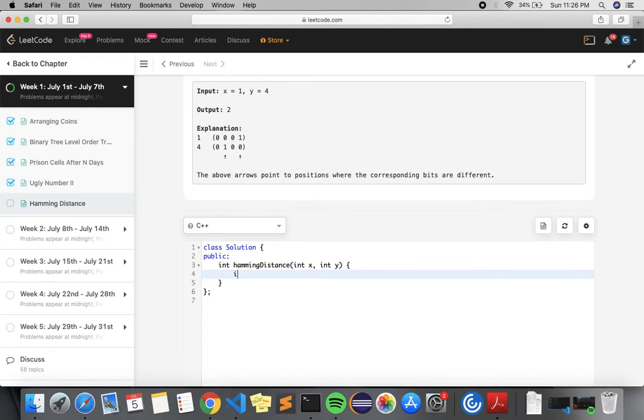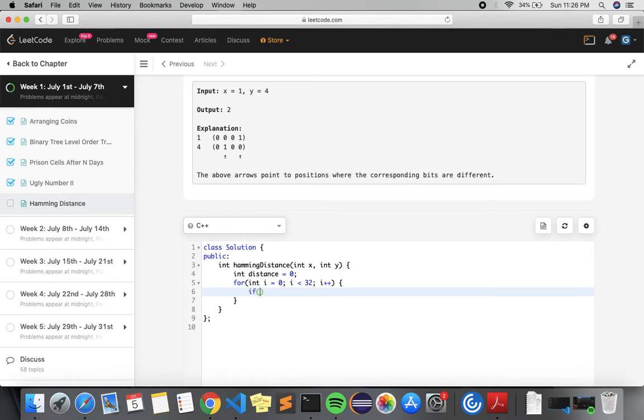Initially sum is equal to 0, or we can say distance is equal to 0. Then I iterate from the 0th bit to the 32nd bit, because we have to see every bit.